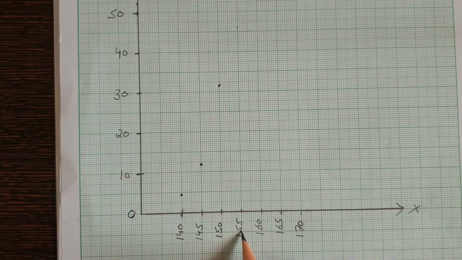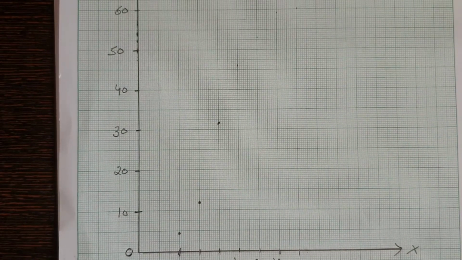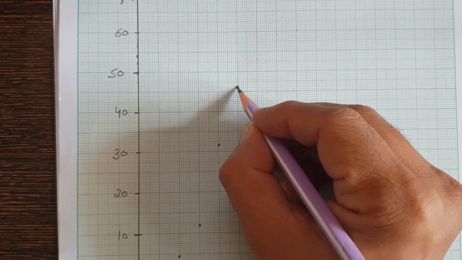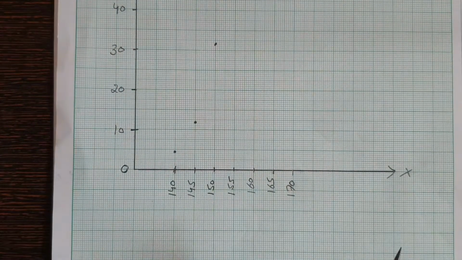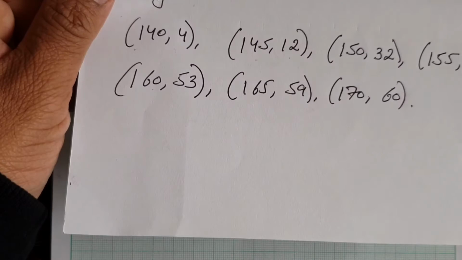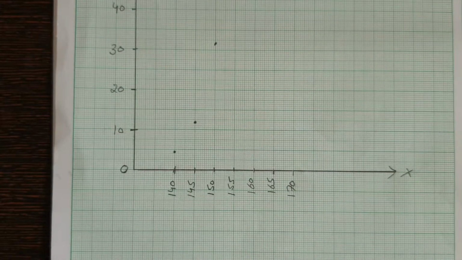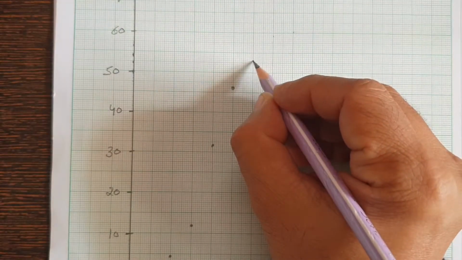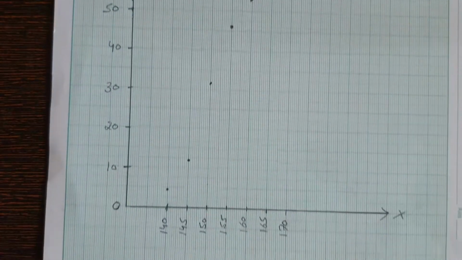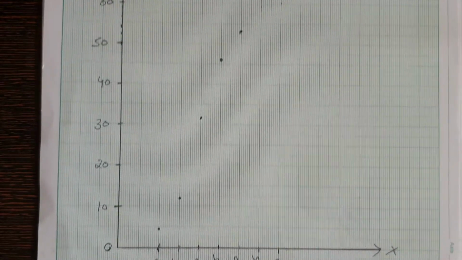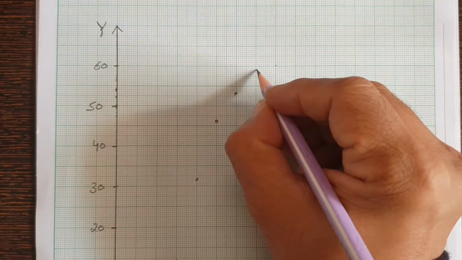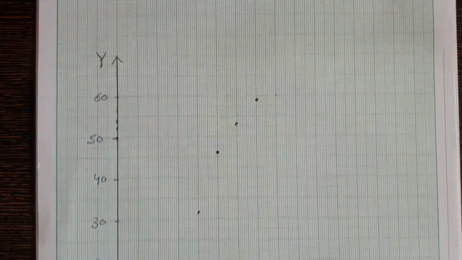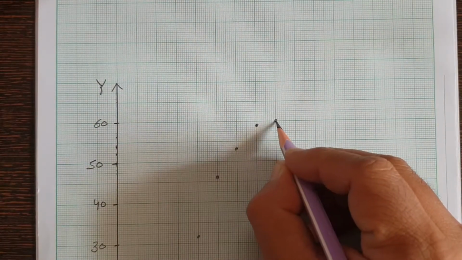So this is 155, 46 will be in here. And 160,53 will be over here. And 165,59 will be over here. And 170,60 is this point.